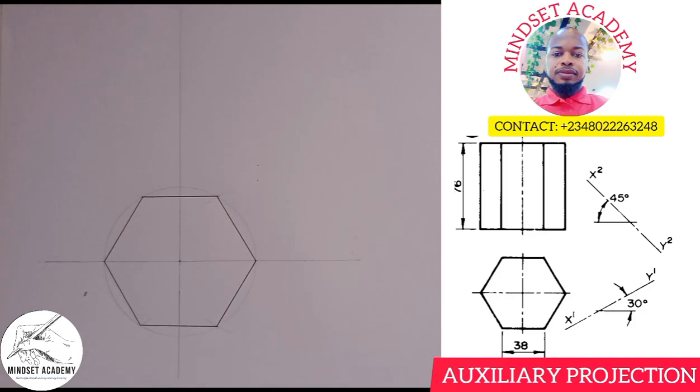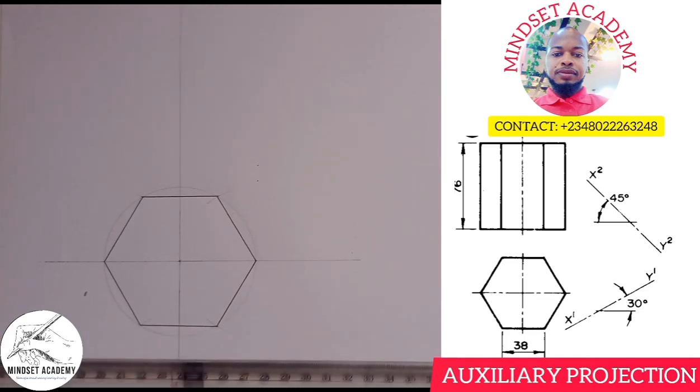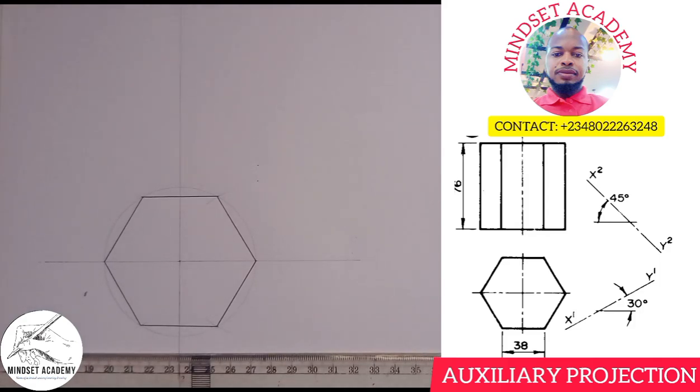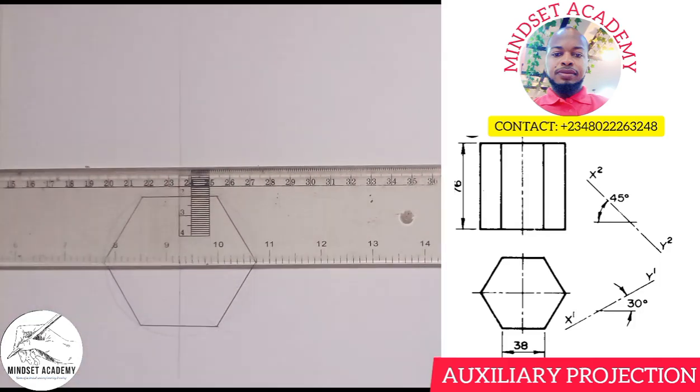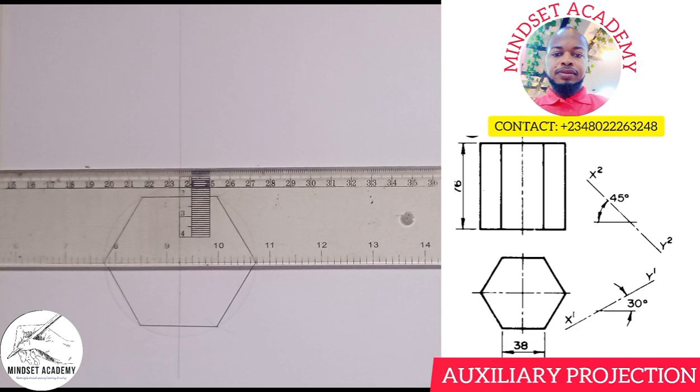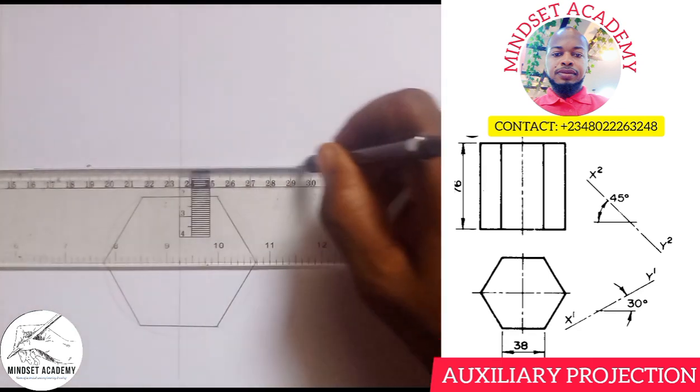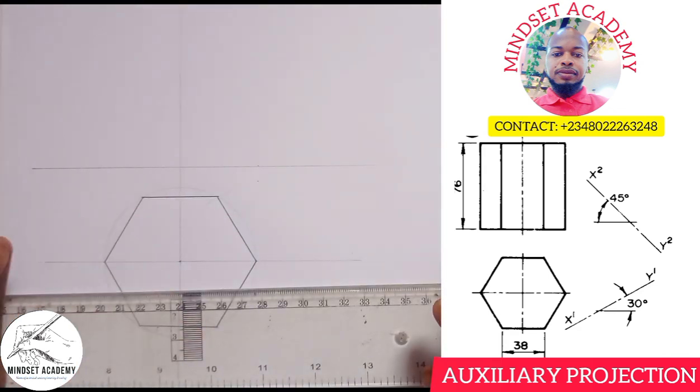Now this is the plan. The next one is for you to get the elevation. So I will just place it this way and draw another line this way that represents the base of my elevation. Can you see that?